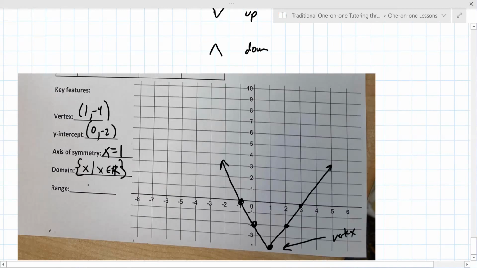The range this time is different. It's y is greater than or equal to... what's the y value down here? The y value down there is -4. So all the y values are bigger than -4, which means it's going up. That's right.